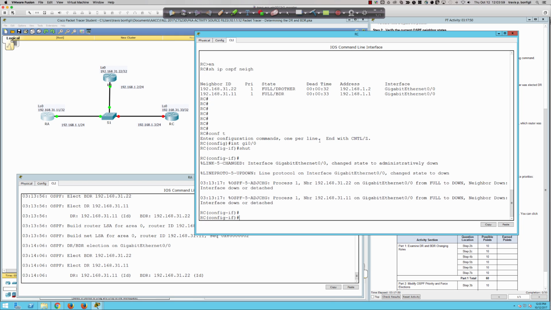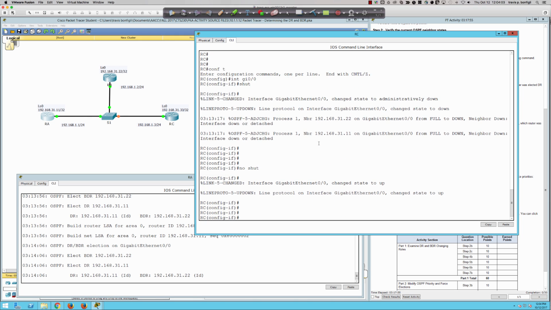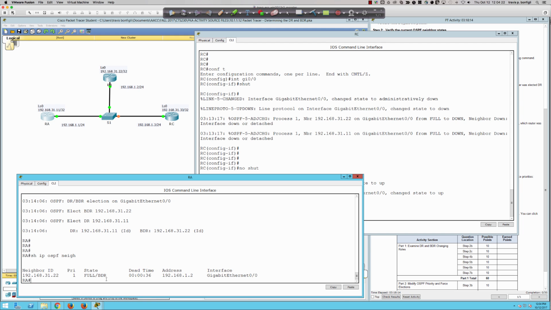So I come over here to router C, and now let's say no shut. Router C is going to come back online after spanning tree works itself out, but what you're going to see is no change at all. Whoever the current DR and BDR are, if I say show IP OSPF neighbor, router 2 is considered the BDR.